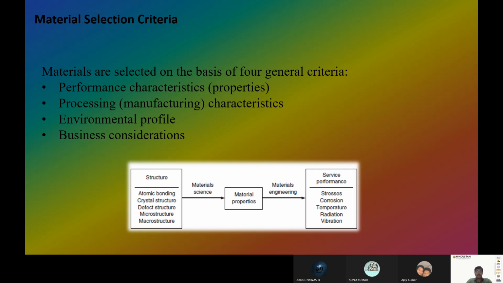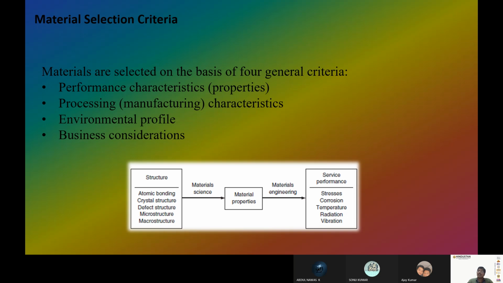Otherwise, we do not know whether we will use it as an eraser, or as a rubber band to tie up something, or for tires. So the properties play a major role, and the characteristics, right? How it will exhibit on the output side, that is also important.